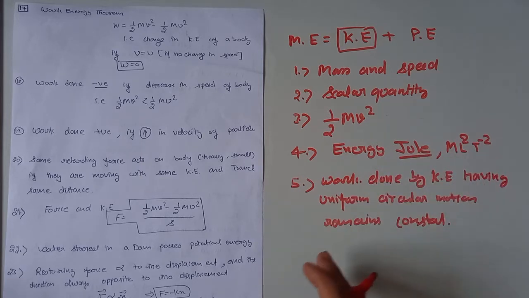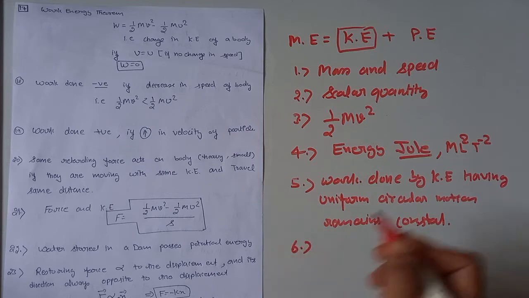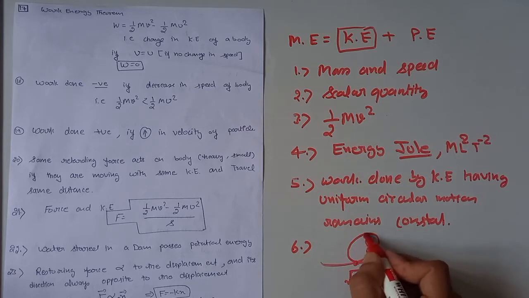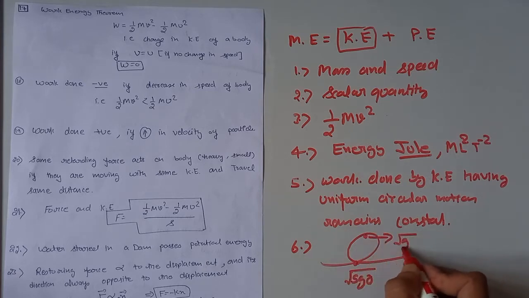And the kinetic energy of a body moving in a vertical circle has maximum value at the lowest point, where the speed is under root of 5gr, and minimum at its highest point, where it is under root of gr.